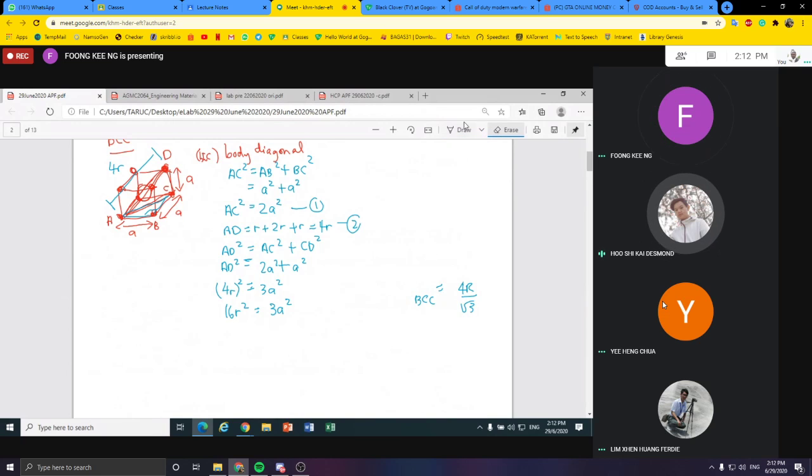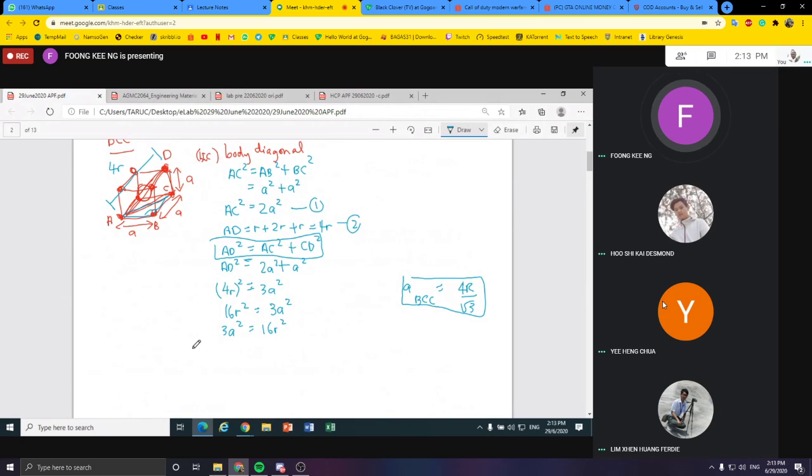Why 16R squared? It should be 16 only, right? Also squared. Oh, okay. Sorry. It's okay, you do it slowly. They want A as the subject, so I have to flip it over: 3A square equals 16R square.